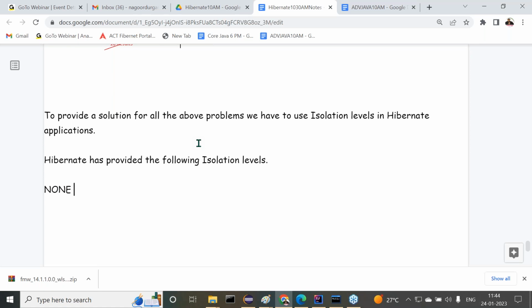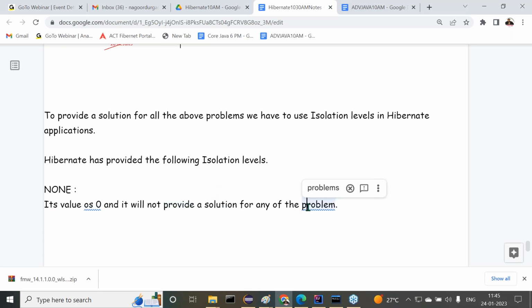First, NONE. Its value is 0, and it will not provide a solution for any problem, which means all problems exist here. Next one is READ_UNCOMMITTED.